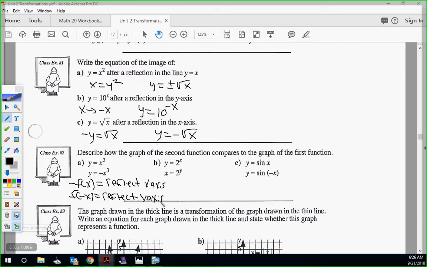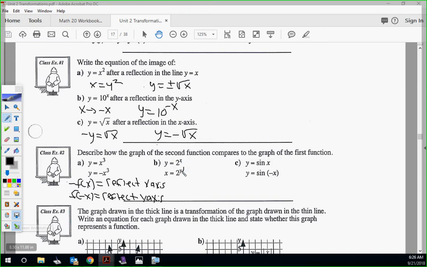Because if I put a negative x into an x cubed, that gets me a negative in front there. So actually both of these reflections could be something that we notice. Just identifying they're both possible. So from x cubed to negative x cubed, it could be reflect over the x-axis or reflect over the y-axis. Both are possible.